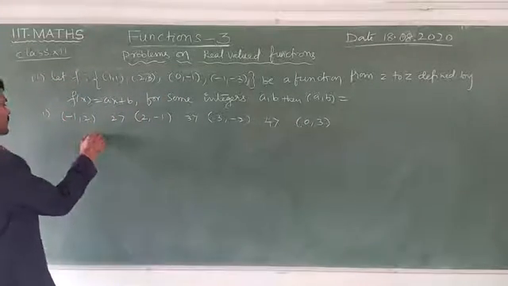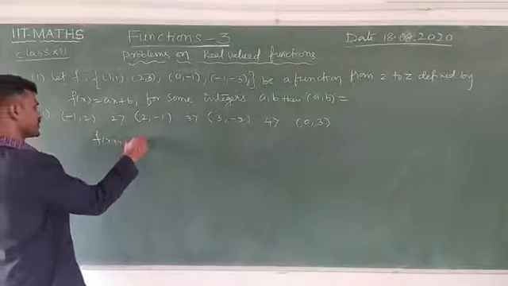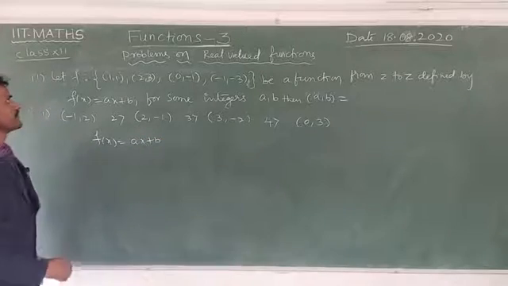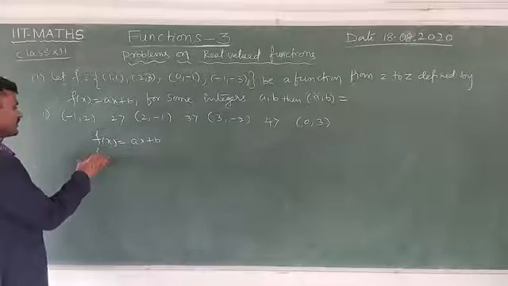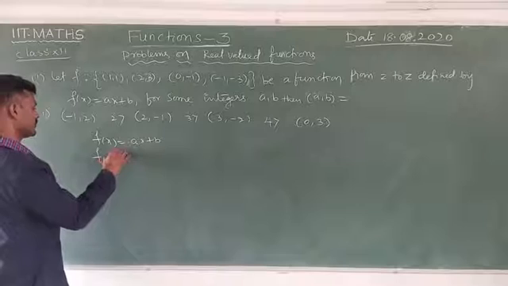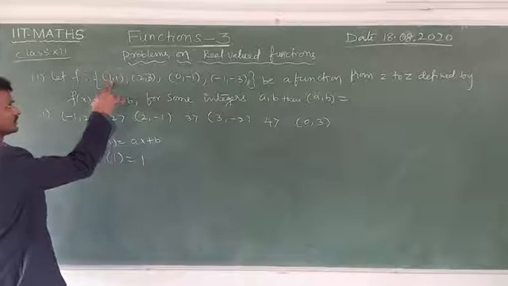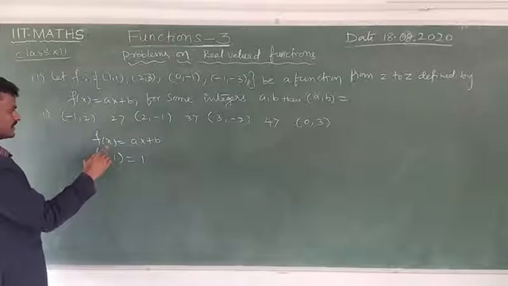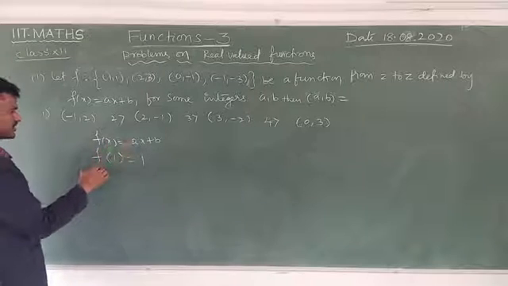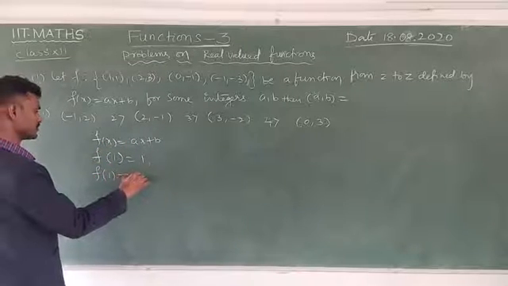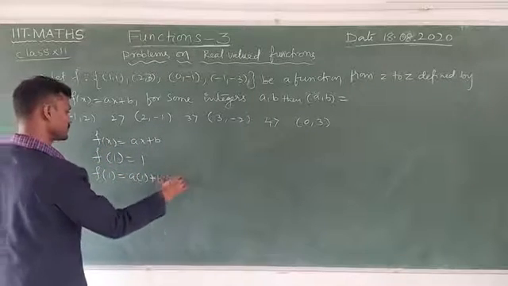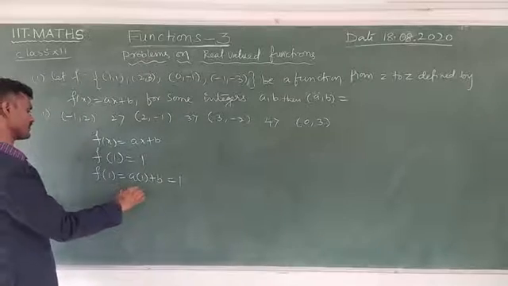Now f of x is equal to ax plus b. Here f of 1 is equal to 1. Now substitute x as 1: f of 1 is equal to a into 1 plus b is equal to 1. Now a plus b is equal to 1.